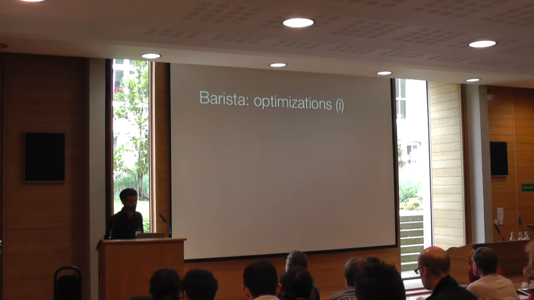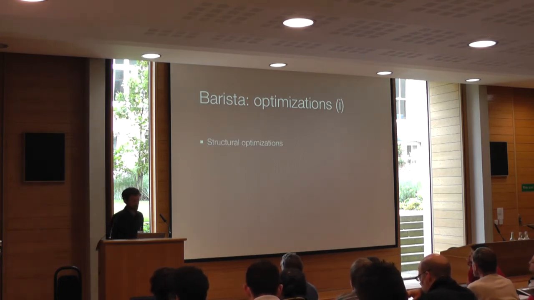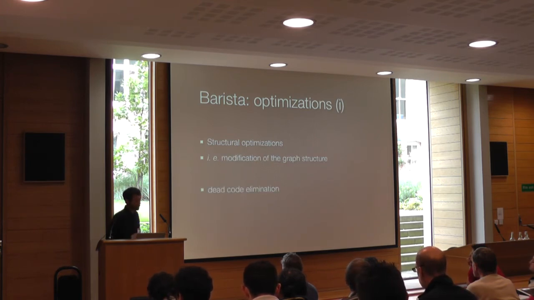What is important about this representation is that it allows you to easily encode two kinds of optimization. So-called structural optimizations, that is, modifications of the graph structure. It may be, for example, unreachable node elimination or jump simplifications.